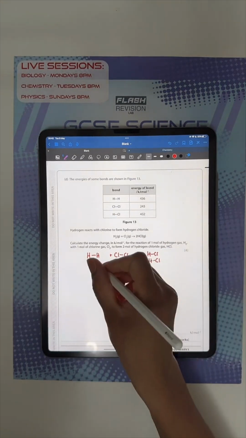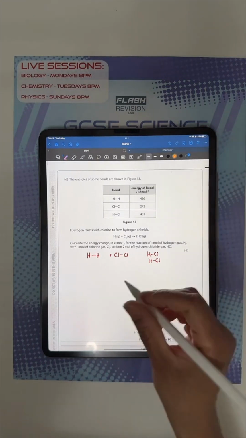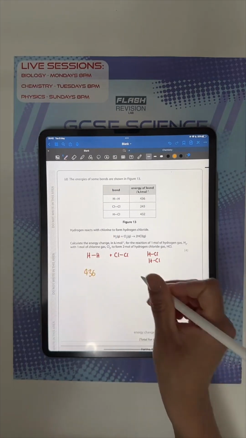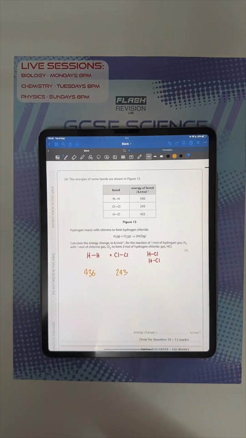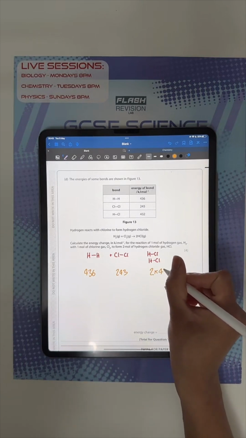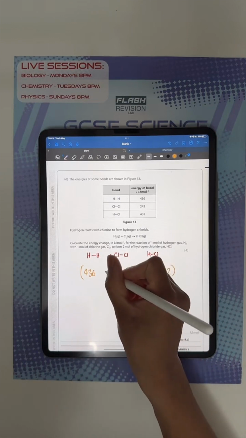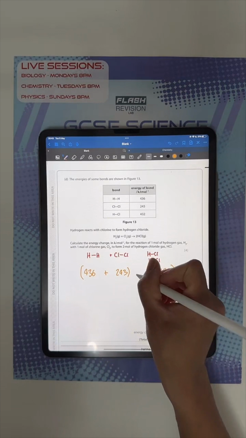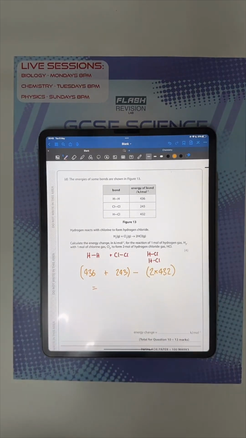All right, so we've got one HH bond, so that's going to be 436. One Cl-Cl bond, which is 243. And then we've got two HCl bonds, so we do 2 times 432. All of this is our bonds broken. All of this is our bonds formed. So we need to minus all of that. And that gives, anyone got the answer?